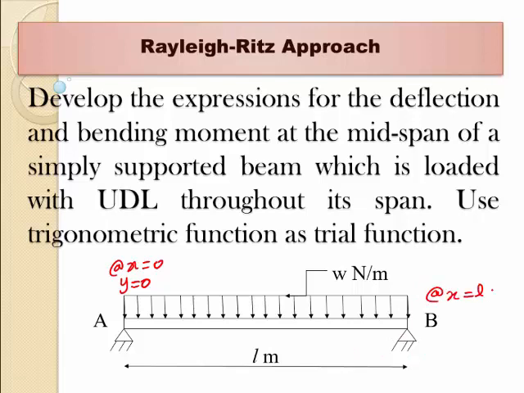So at x is equal to L, the vertical deformation is 0. So these are the essential boundary conditions for this problem, and the entire beam is subjected to W Newton per meter UDL, uniformly distributed load.